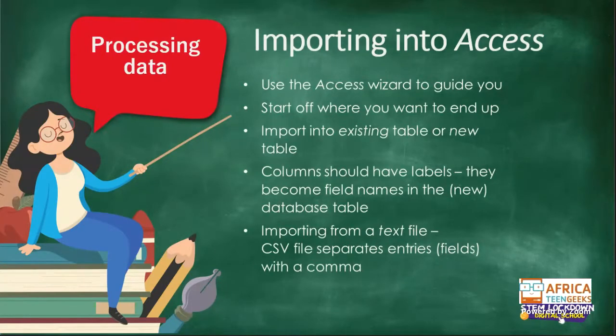So basically your column headings within Excel will be your field headings in Access. So make sure that when you are importing into Access from Excel, that you know exactly what data you want to import, and that also the columns have been manipulated and changed in a way that will make sense once it's in Access.